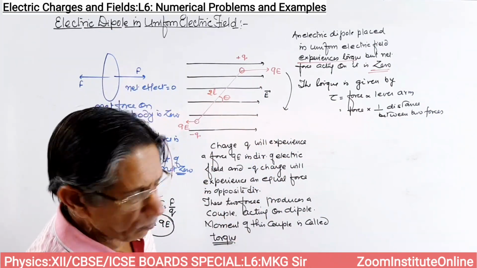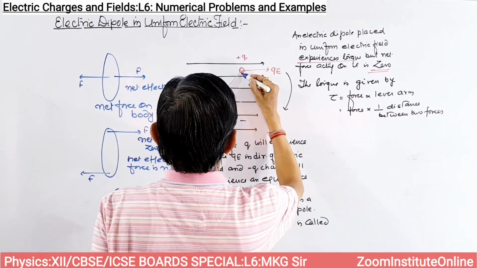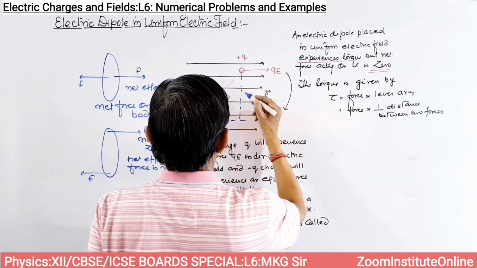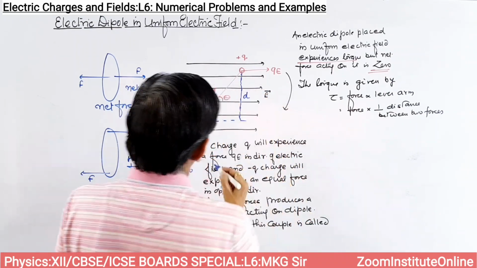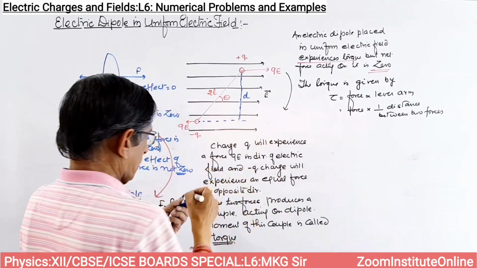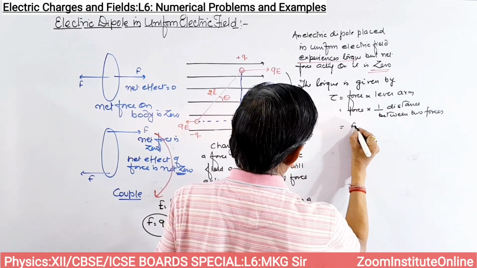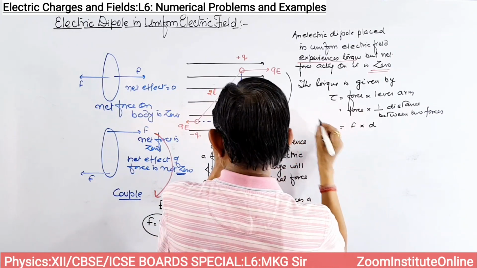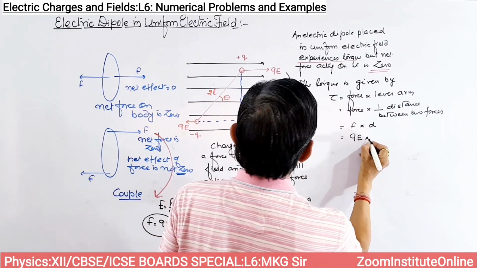So, what is the perpendicular distance, boys? I can say this is the perpendicular distance. Say d. So, I can write that force F into d. This distance is d. So, F is equal to what? qE.